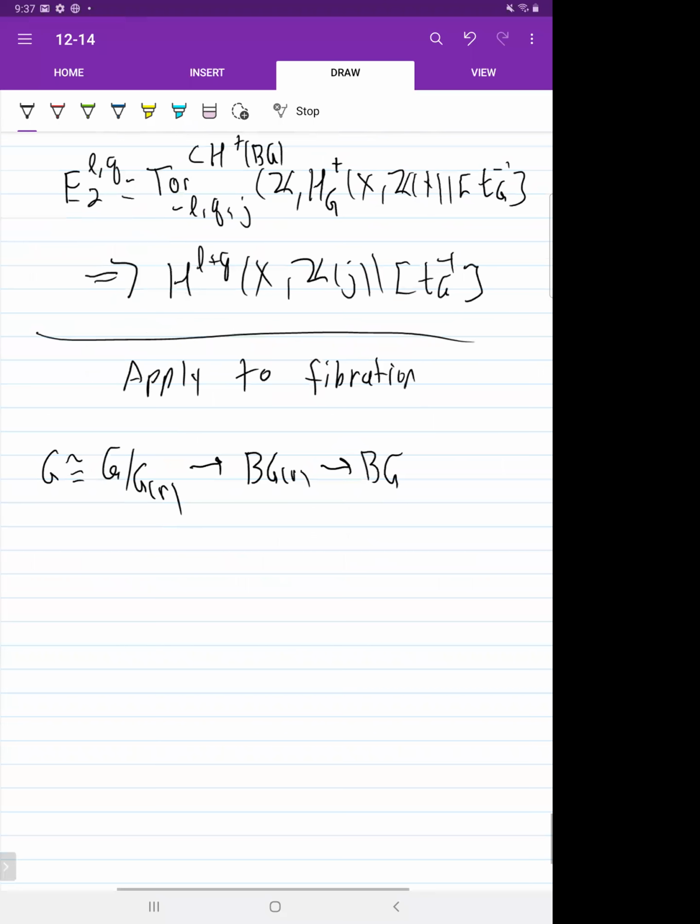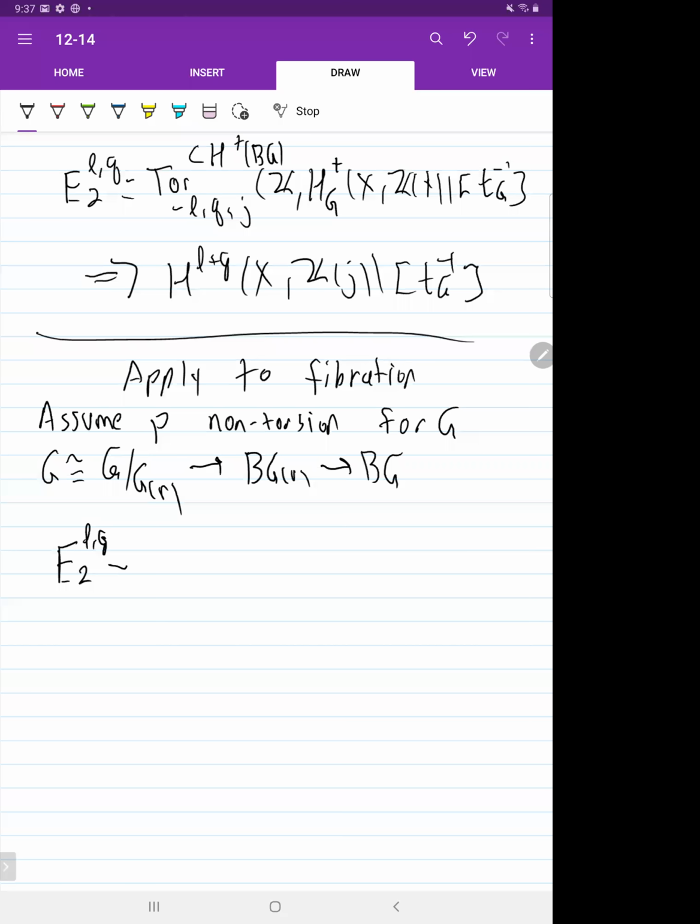Here then the spectral sequence will look like, and we're going to take it with mod P coefficients. So assume P is non-torsion. Then we want to consider the spectral sequence for this fibration.